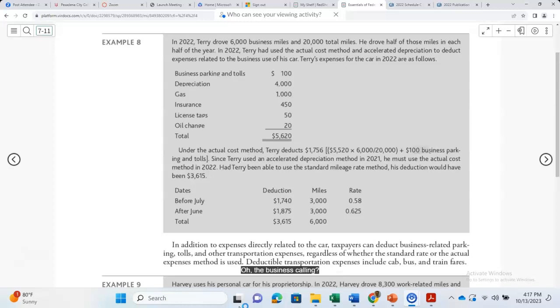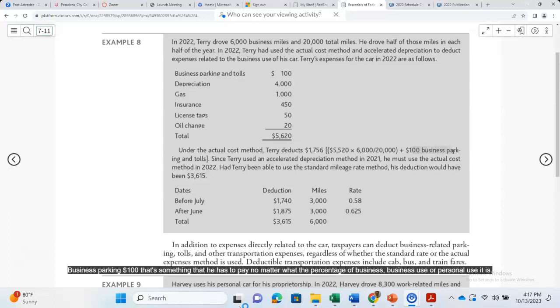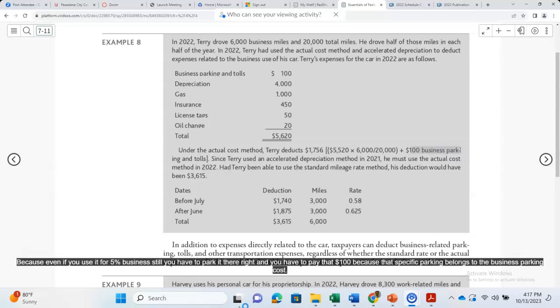Oh, the business parking, $100. That's something that he has to pay no matter what the percentage of business use or personal use is. Make sense? Because even if you use it for 5% business, you still have to park it there, right? And you have to pay that $100 because that specific parking belongs to the business.